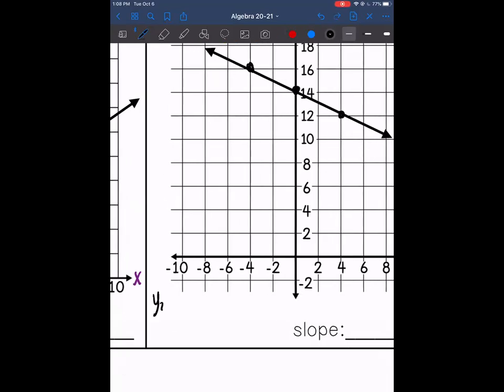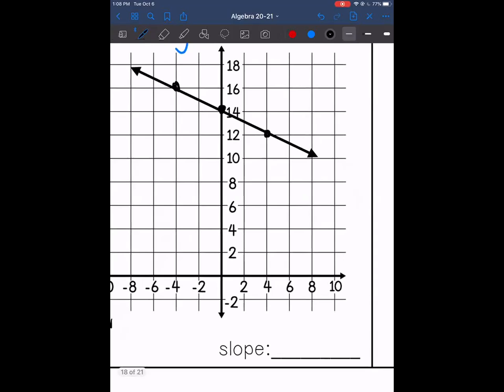Remember, that's y2 minus y1 over x2 minus x1. Once again, I rewrite the formula every time I need it. So please, please, please rewrite the formula every time you need it. Okay, I'm going to look at this point and this point. You can use any of the three, pick two of them.